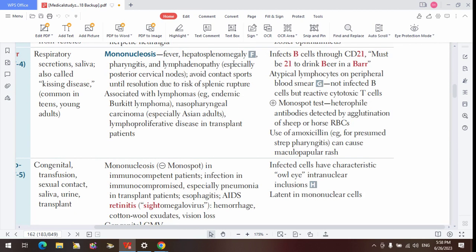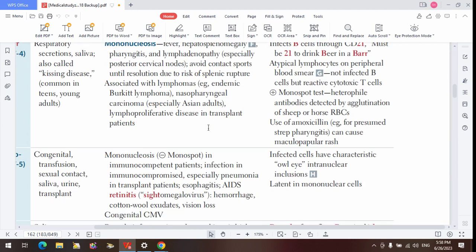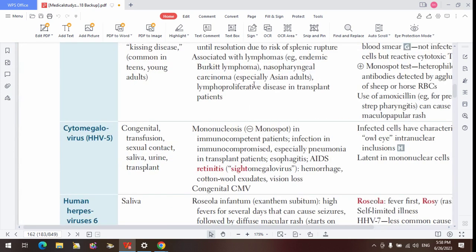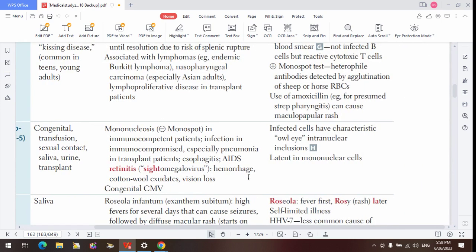It will not cause fever, hepatomegaly, pharyngitis, and all these things. So once you see fever, lymphadenopathy, hepatosplenomegaly, and sore throat, you know that's likely infectious mononucleosis. And if the monospot is negative, CMV is your answer.